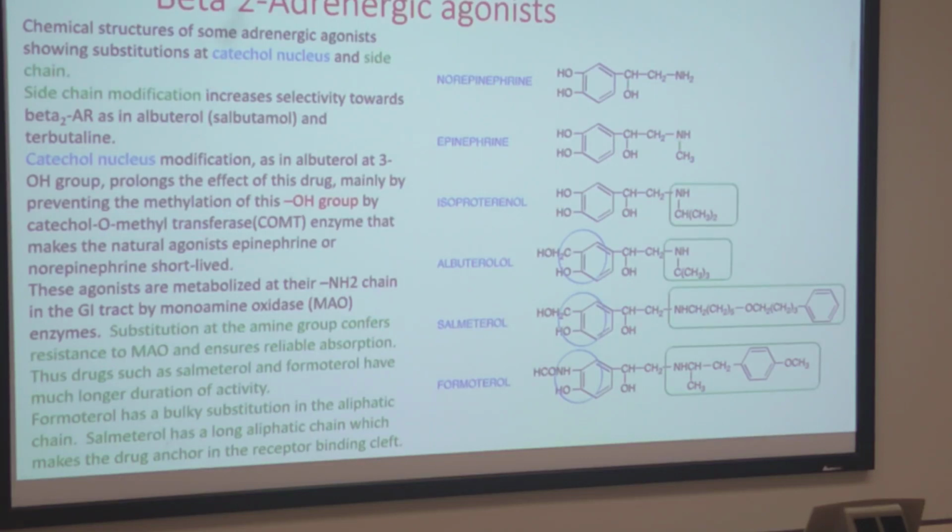Tyrosine comes from phenylalanine. So phenylalanine metabolism gives rise to tyrosine, then tyrosine metabolism gives rise to these products. This is what I would like you to remember when you go through this.